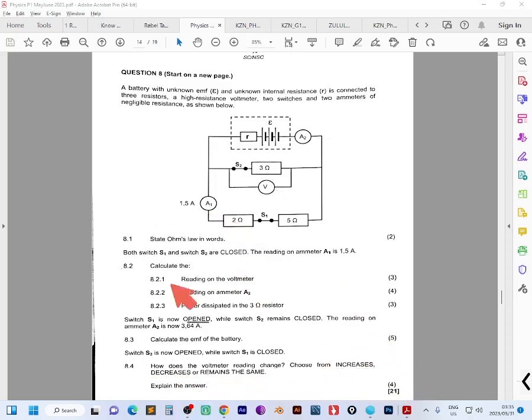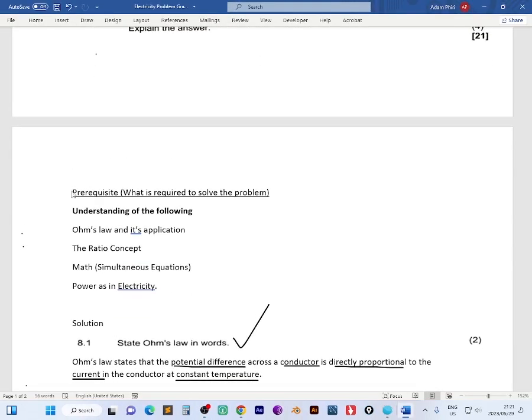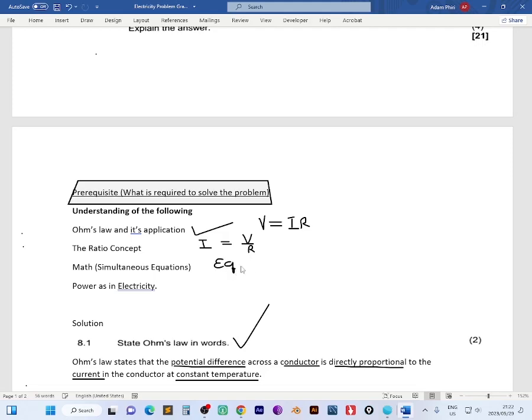We're going to use Ohm's law to solve most of these problems, almost all of them. Here are the prerequisites for the problem, what is required to solve it. You have Ohm's law and its application: potential difference is equal to current times resistance, and I is V over R. Then you must know simultaneous equations.